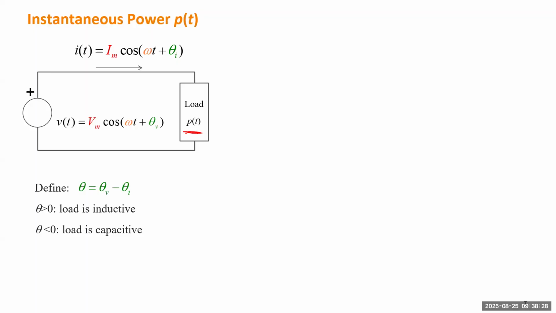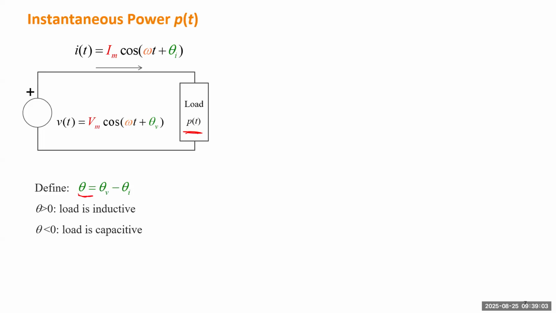So here we assume the angle theta is how much the voltage is leading the current phasor. Usually, if the voltage is leading the current, this load is somehow inductive. Inductive means it has some resistance and also some inductance inside, or it may have a number of inductances and a number of capacitances, but the overall inductors are more than the capacitors.